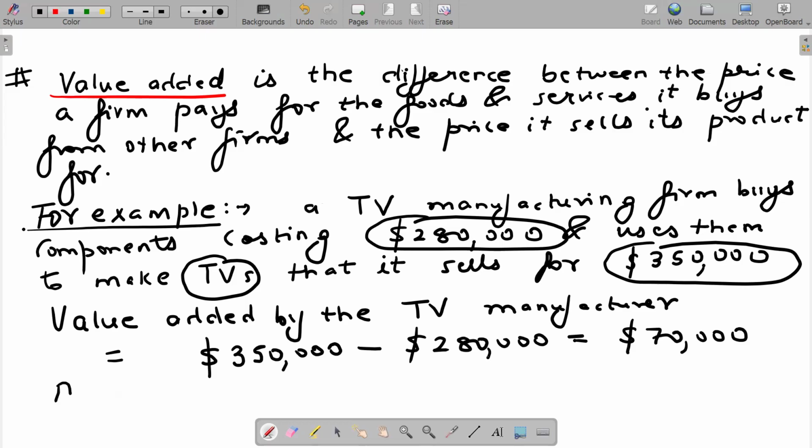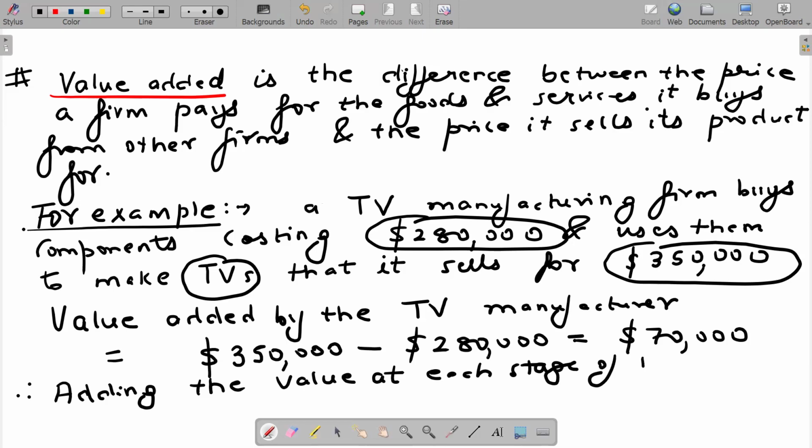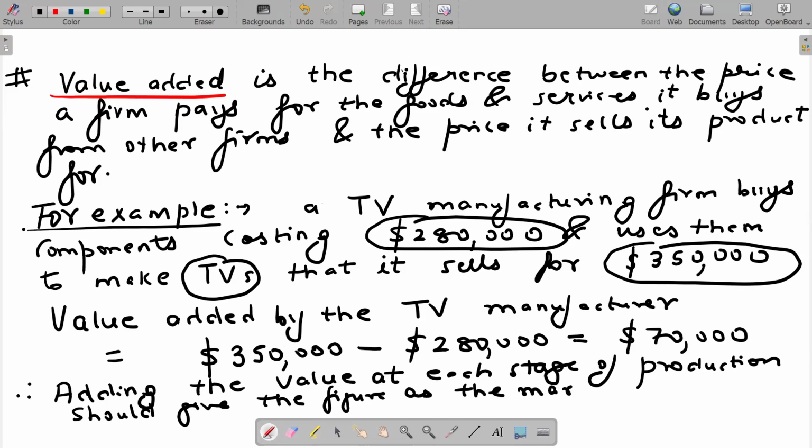So adding the value at each stage of production should give the figure as the market value of the finished good produced.